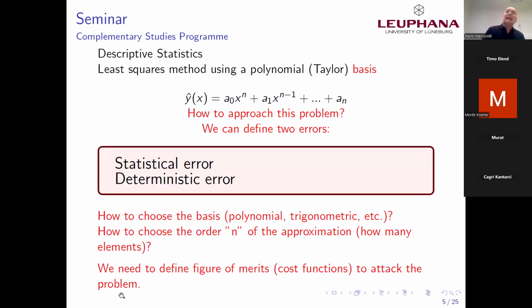We think that this representation, which is based on y hat, or in general the phenomenon, is characterized by two kinds of error, a statistical error and a deterministic one. Again, we will see, based on this concept here, that our phenomenology is based on these two errors. We will see how we can choose in the best way the family and the number of coefficients.